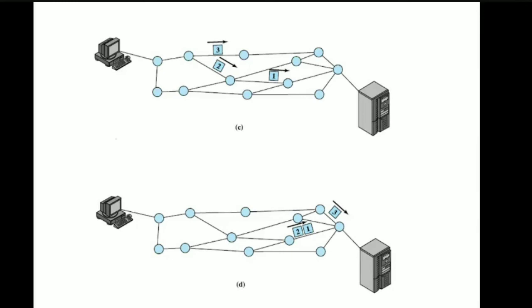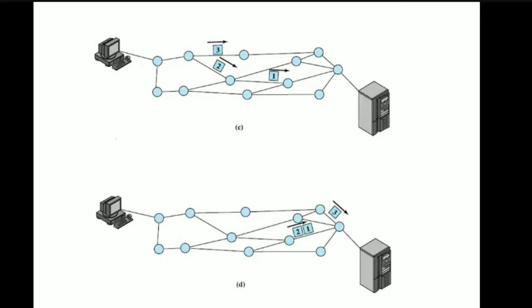If they do not go in the same route, obviously there is a chance for these packets to come out of sequence, that is, not in order. Initially they started as 1, 2 and 3, but at the exit switching node they may come as 3, 2, 1. So the order of these packets has now changed.